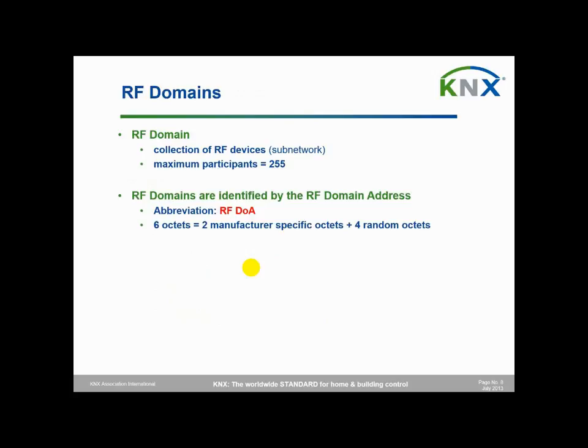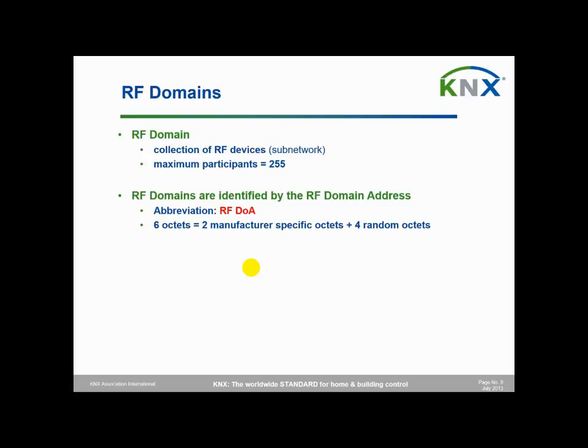Okay, RF domains, the next aspect of an RF device. An RF domain is a concept where RF devices are collected together within a subnetwork. You could even say an RF line, but line would imply a cable, so we rather refer to a subnetwork.